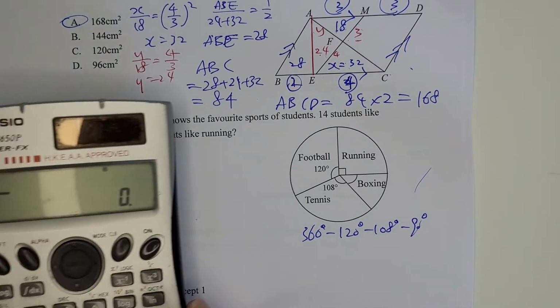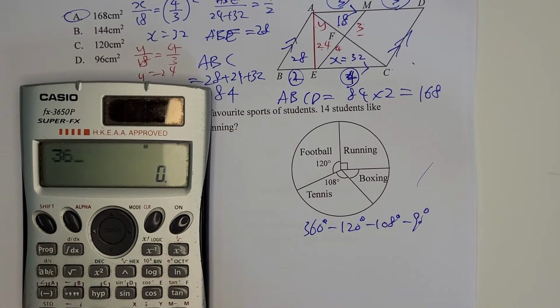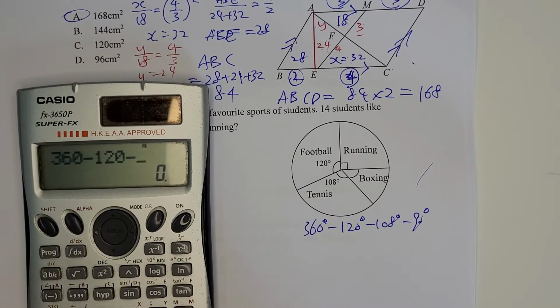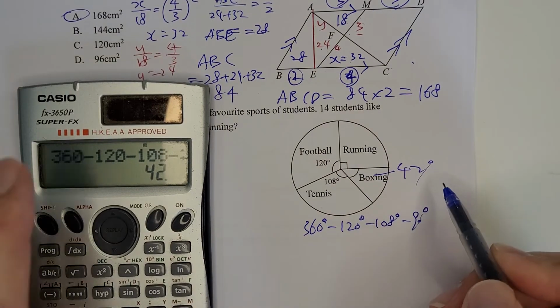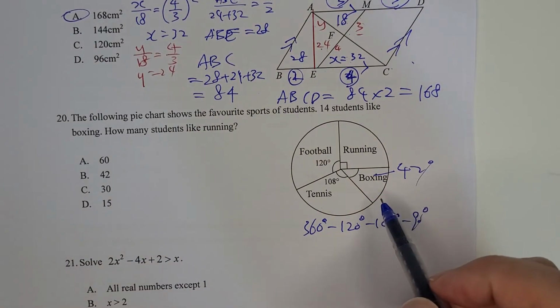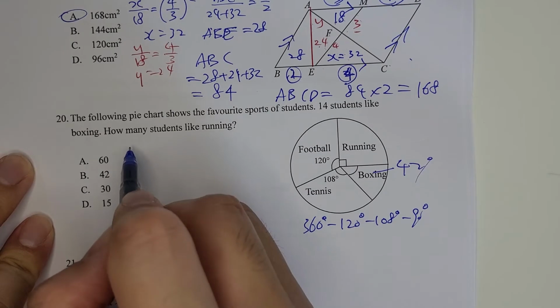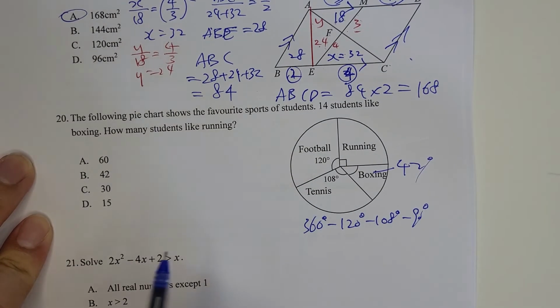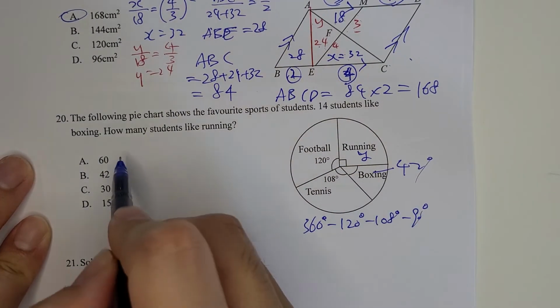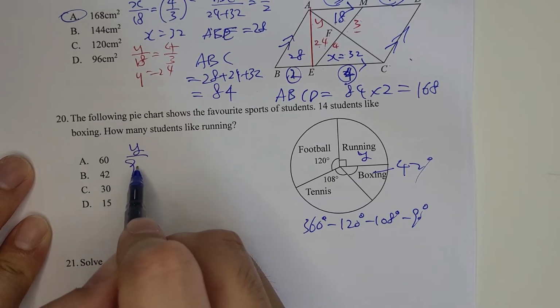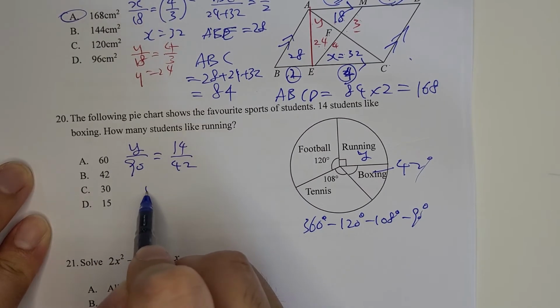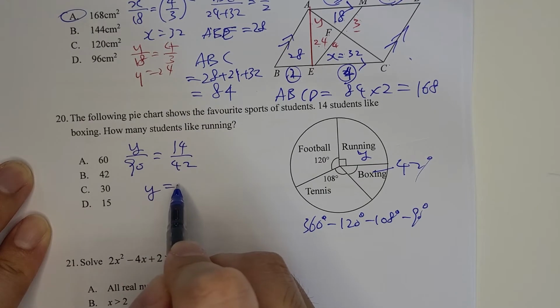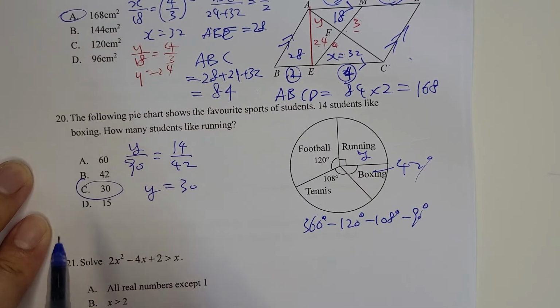Just use the calculator to plug in. 42 degrees. 14 students like boxing. So how many students like running? We'll let this be y. y over 90 equals 14 over 42. And you will get y is 30. So the answer is C.